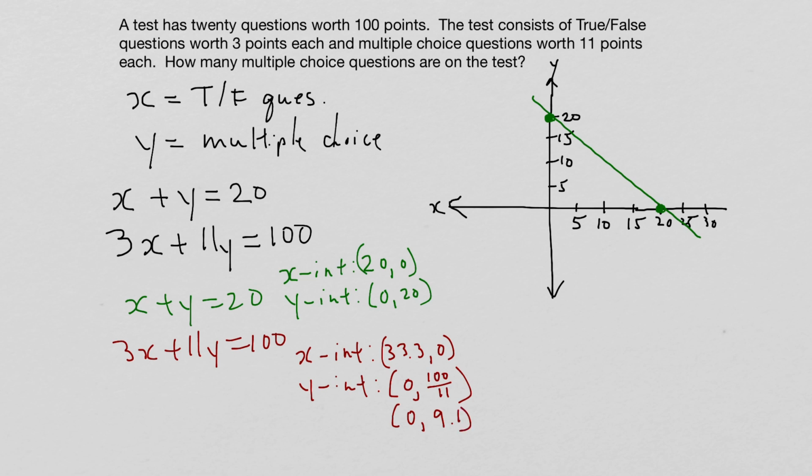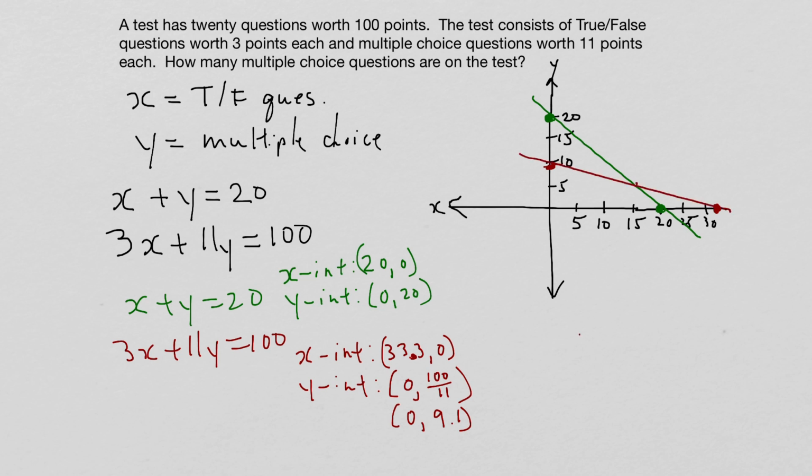So let's go ahead and plot this. 33.3, comma 0 would be right about here. And 0, comma 9.1 should be right about here. And if we connect the dots, it'll look like this.